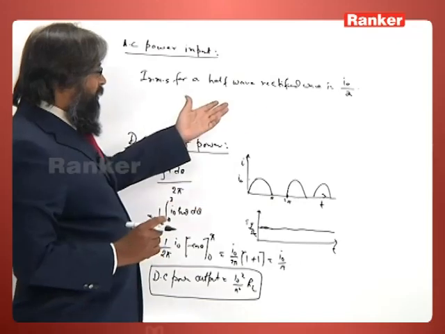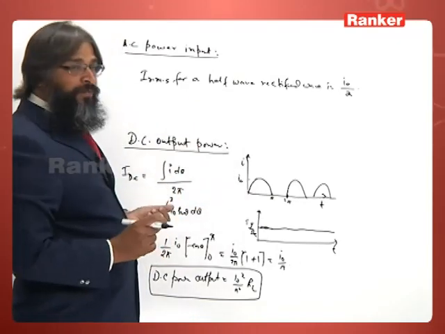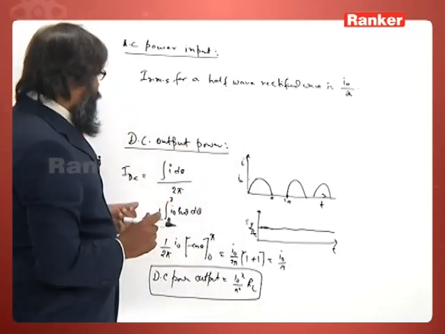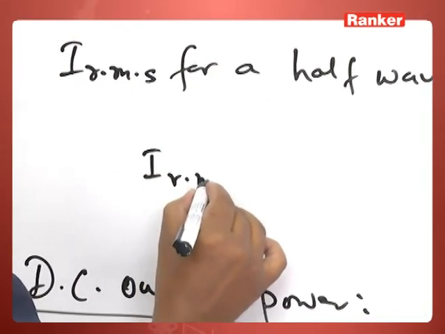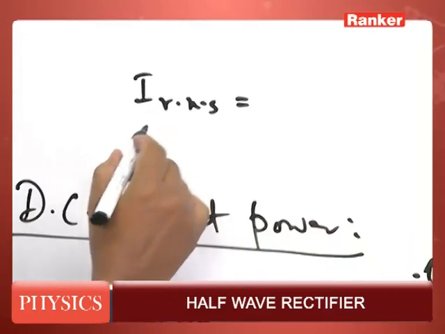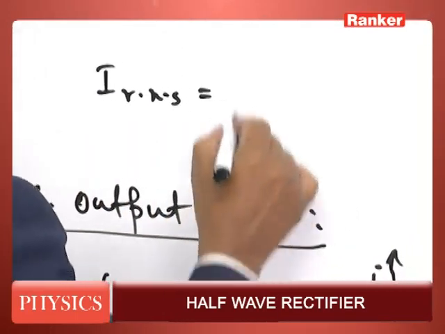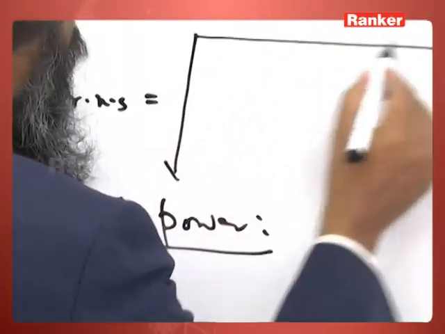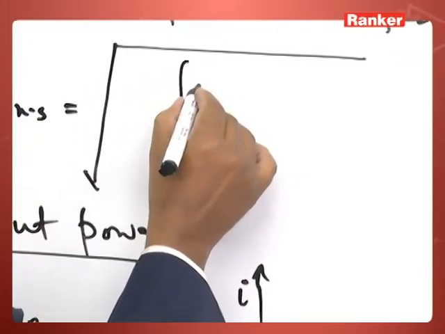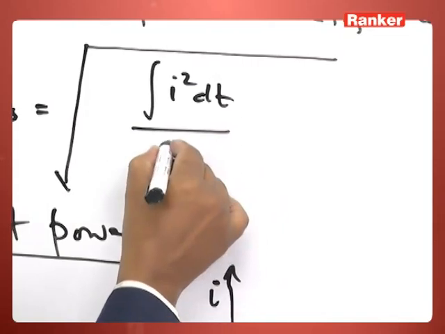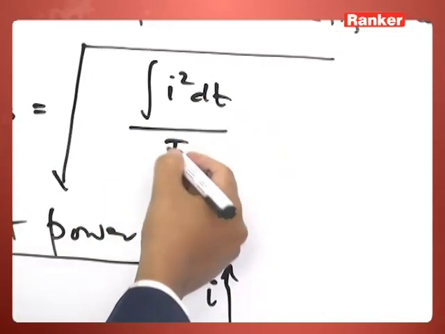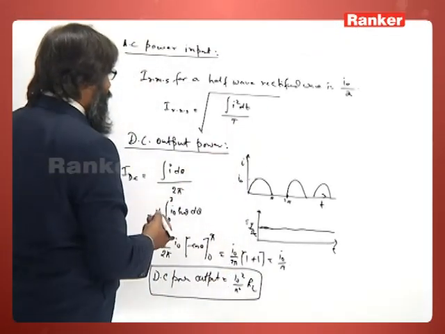If you have done AC, you will be knowing; otherwise I have to derive this result. You should remember IRMS means root of the mean of the square, that is I square dt over the whole time period, or if you write in terms of theta, then it will be like this.